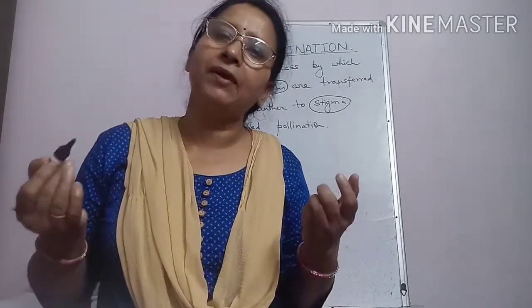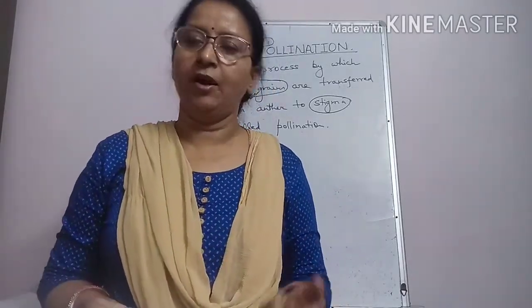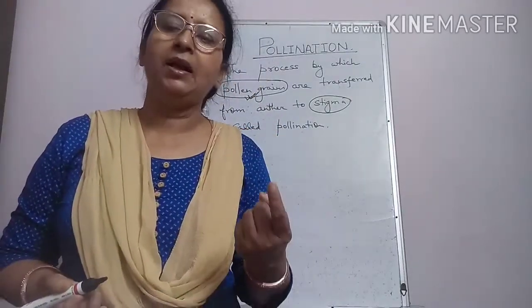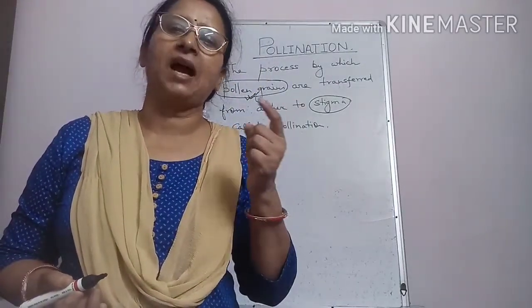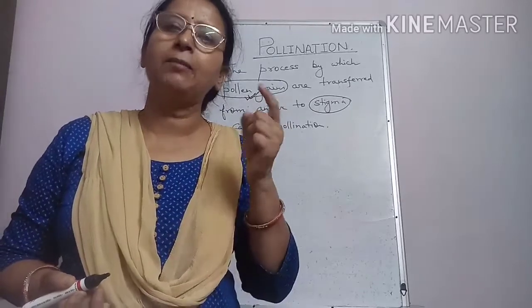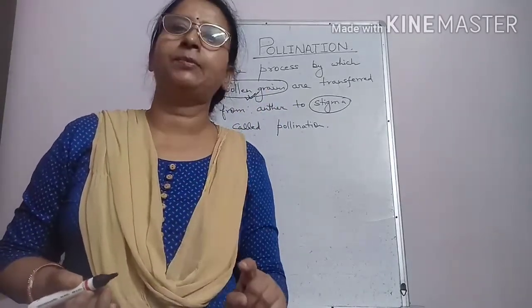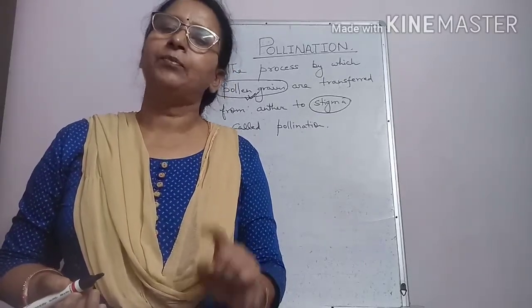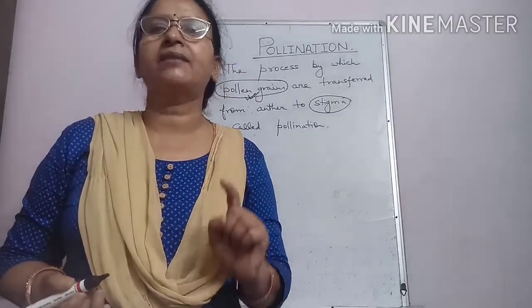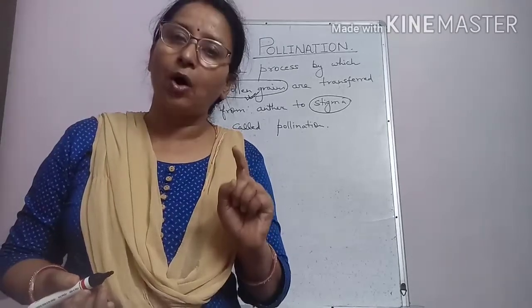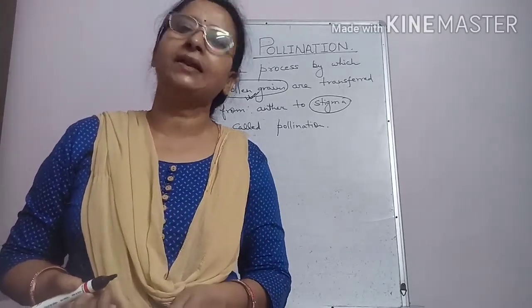Egg means female gamete is present. When you see carpel, it consists of stigma, style and ovary. In ovary, ovule is present, and in ovule, eggs are present. Eggs are also called female gamete.